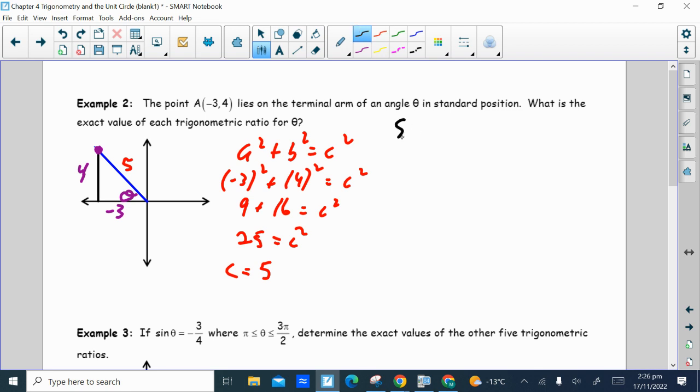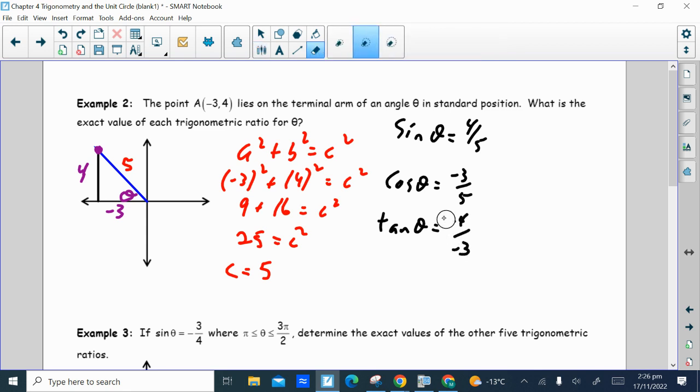And now we can state the sine, cosine, and tangent of theta, and then we can do our 3 reciprocal ratios. The sine, which is opposite over hypotenuse, is 4/5. The cosine, adjacent over hypotenuse, is -3/5. The tangent, opposite over adjacent, is 4/-3.